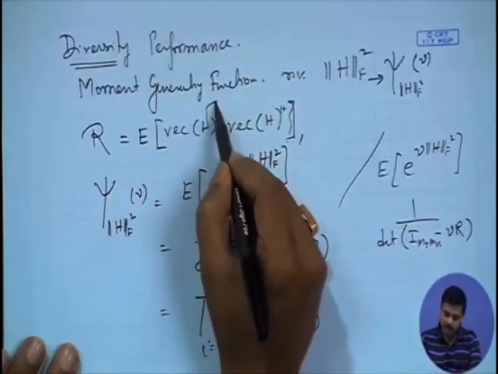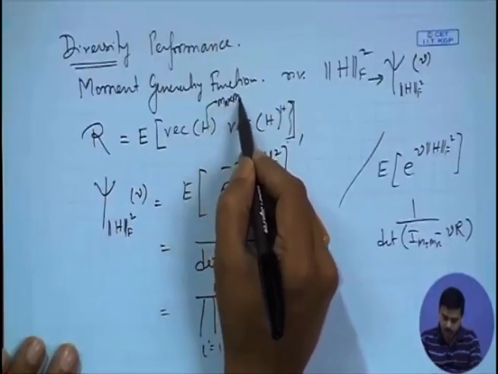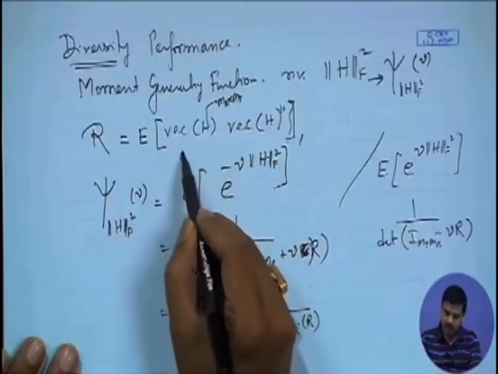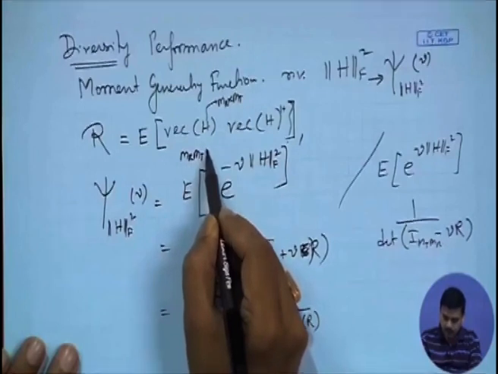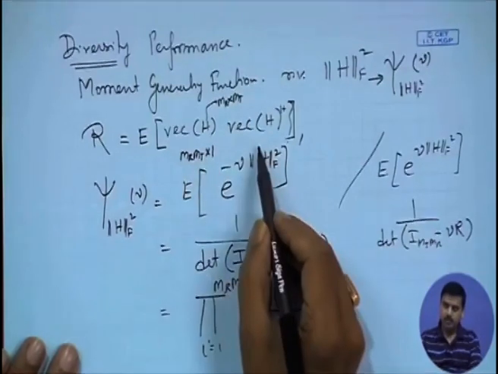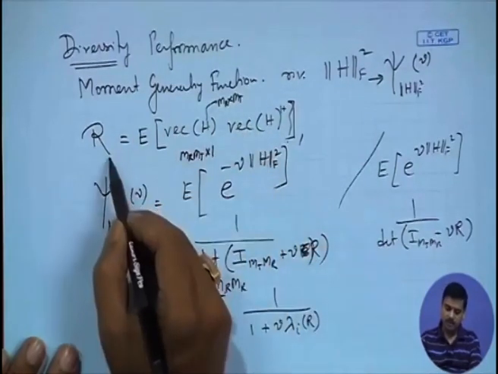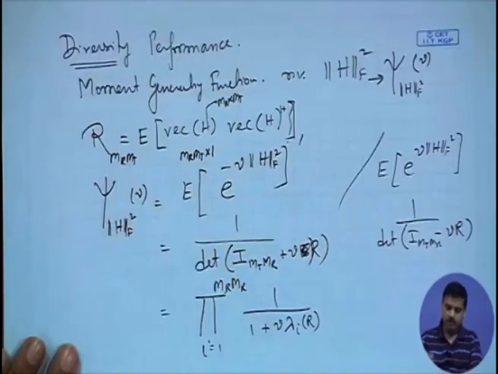H is mr cross mt, so vec of H is mr mt cross 1, and its Hermitian is 1 cross mr mt. So this is of the size mr mt.